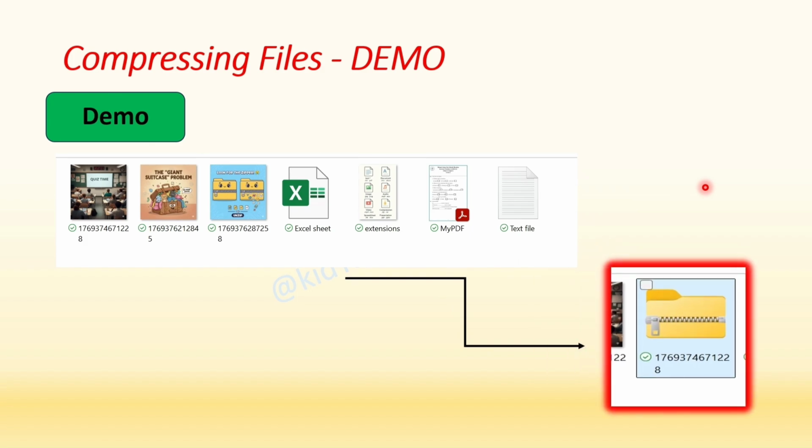I used the zip application, and it has created a zip folder for me. This zip contains all these files and it is consuming less space. Similarly, you go and try to compress one of the folders available in your system.